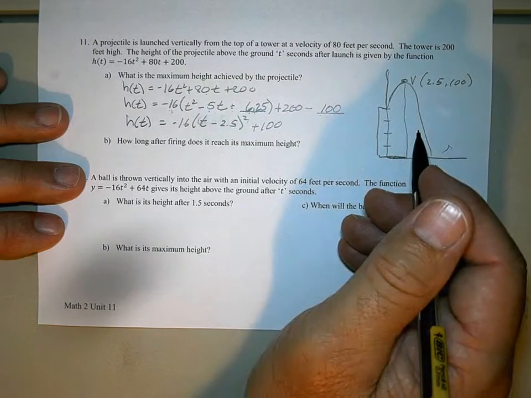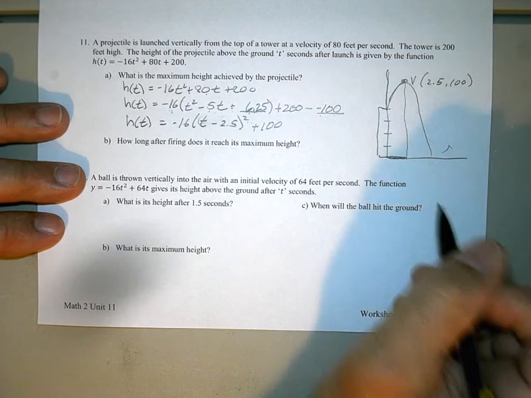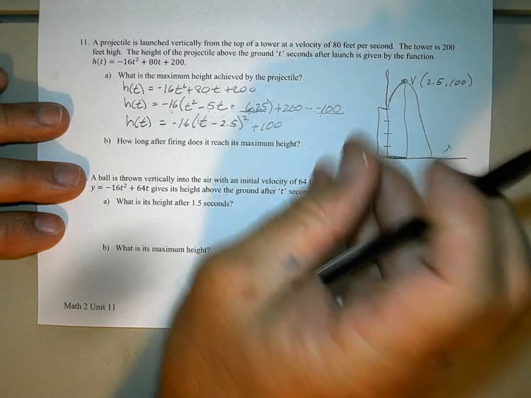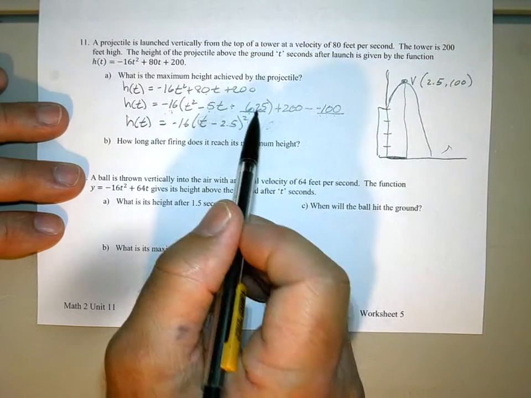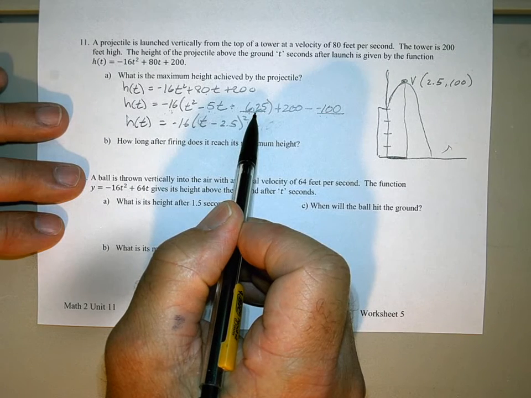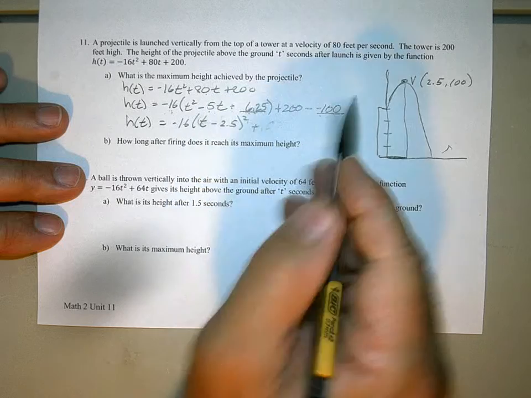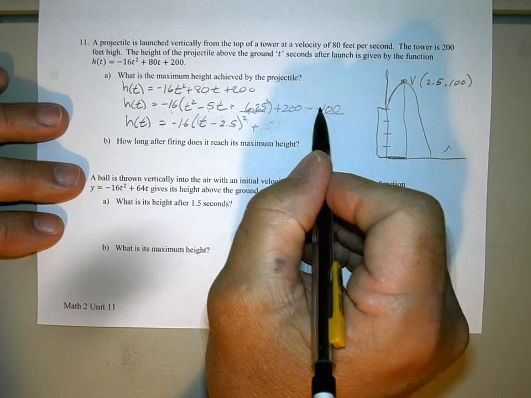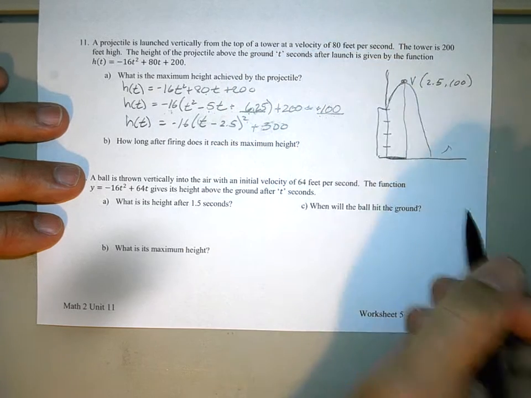Oh, you know what? I'm sorry. Big mistake here. This is negative 100. Because it's negative 16 times 6.25, which is negative 100, we add the 6.25 here, but we subtract negative 100 on the outside. We add the opposite, and we end up with 300 out here.